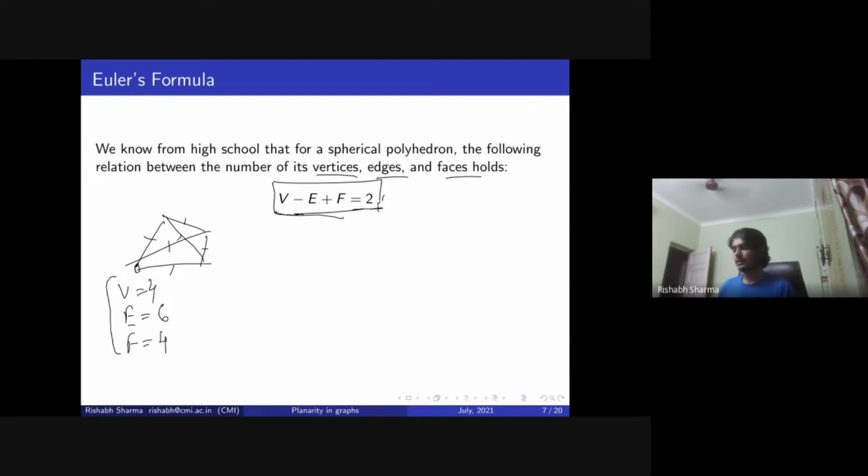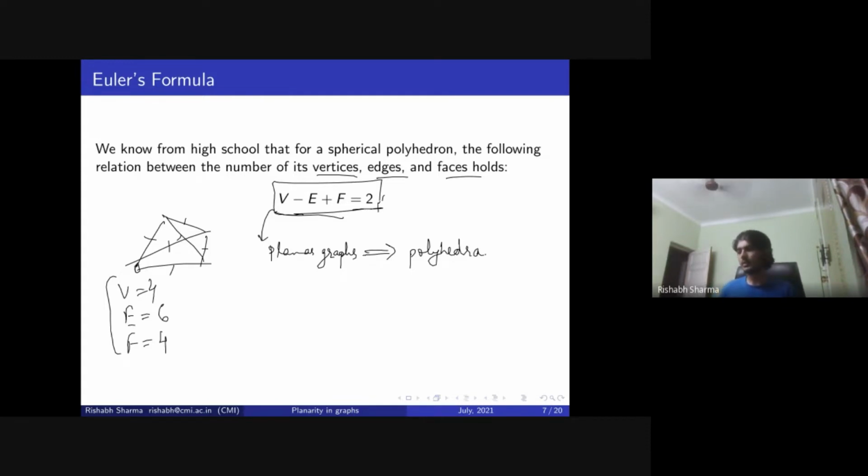But for now, we're going to assume that we do not know the proof of this. We are going to prove this using planar graphs. The plan is that we're going to prove this formula for planar graphs, and use that to deduce Euler's formula for polyhedra using the correspondence that we just saw.